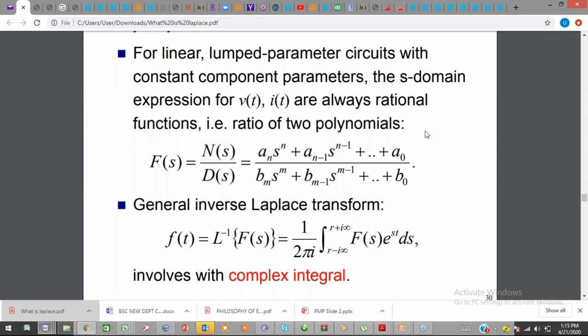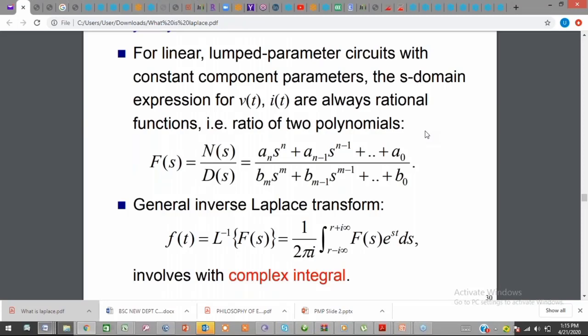Now let's take away the s from the formula we have here. When we take it out, we have 96 into (s plus 5) into (s plus 12) all over (s plus 8) multiplied by (s plus 6).